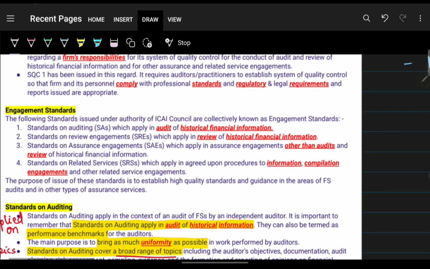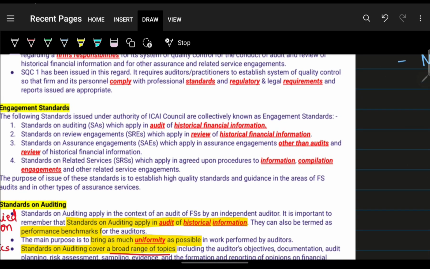Engagements based on assurance are split into two parts: historical financial information and others. Here HFI can be either an audit or a review. Here it can be any other assurance engagement.